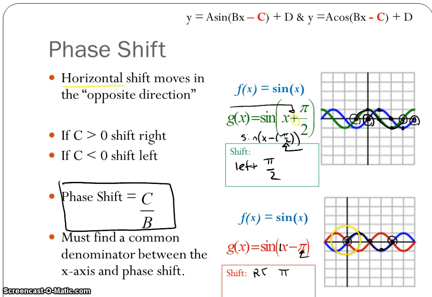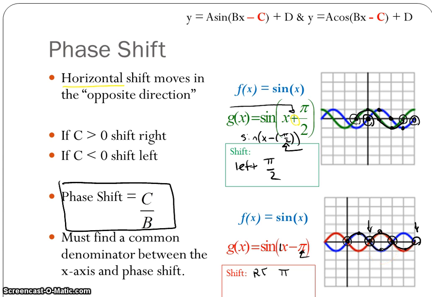Originally my sine started here, but when you shift pi, it's going to start here. And you see this is where it starts going up, and then it's ending. So the start and end shifted over pi units, and you can see each value, like the max got shifted over, the min got shifted over, and so on.